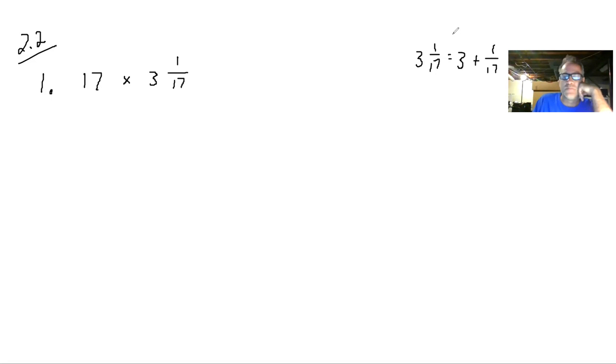Now, if I were to actually do the arithmetic, and we'll get to actually multiplying this in a second, I'm just talking about mixed fractions real quick.